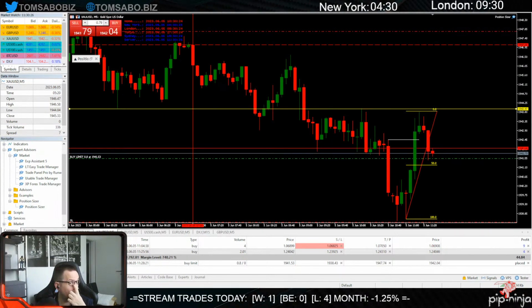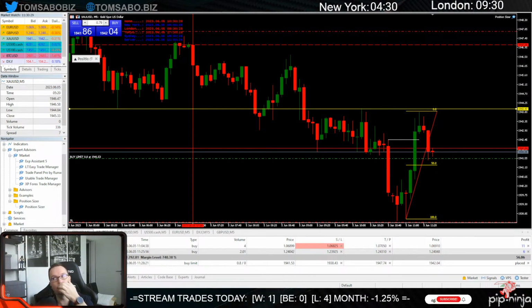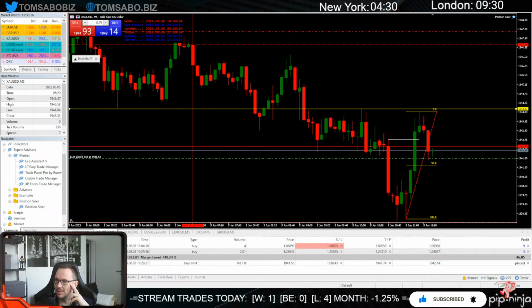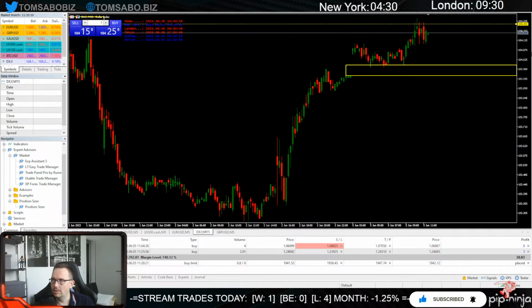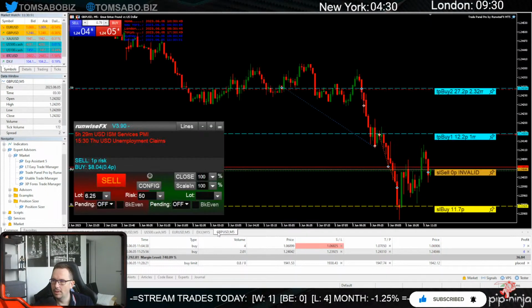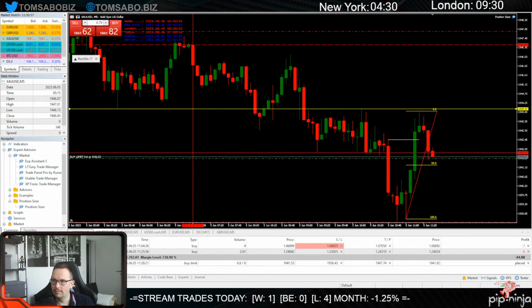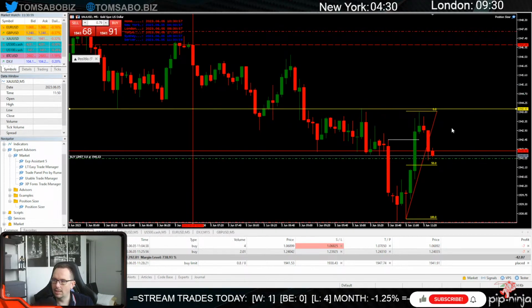The only dilemma I'm having is whether I should enter this gold trade or not if it taps me in, because then this is going to be extra risk. I'm still thinking what to do while this is hovering here. Let's look at the dollar index. Dollar index should come down. Yeah, this is the EA. I don't trust this EA so far.